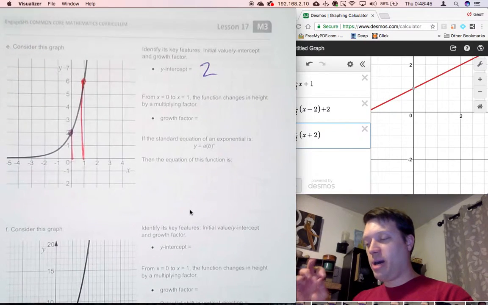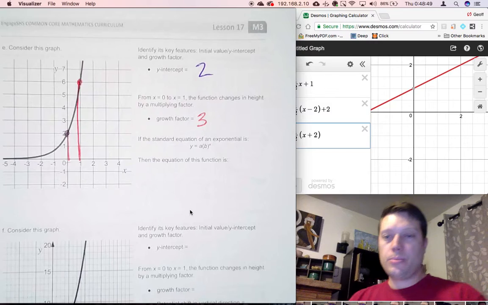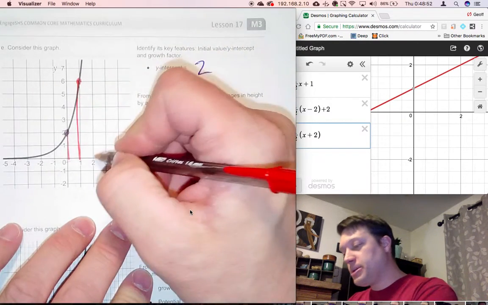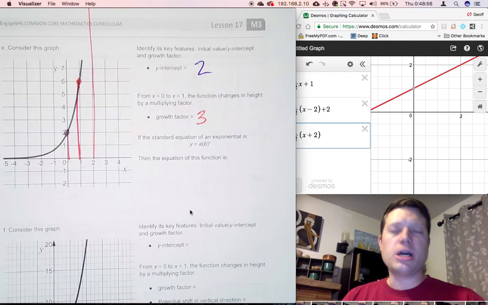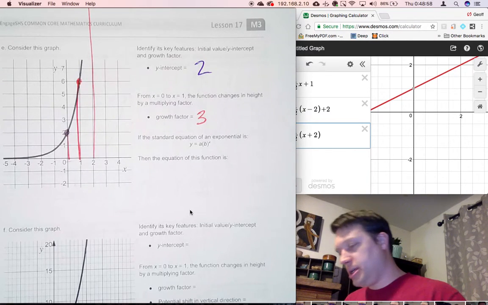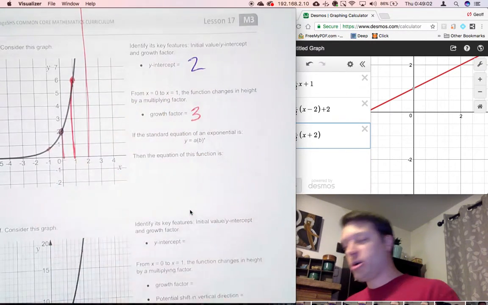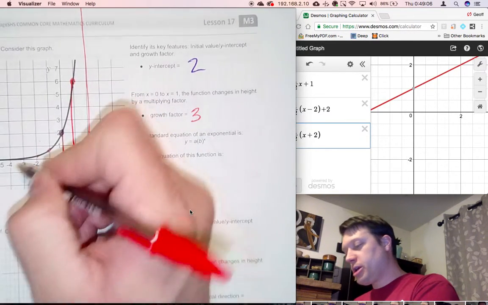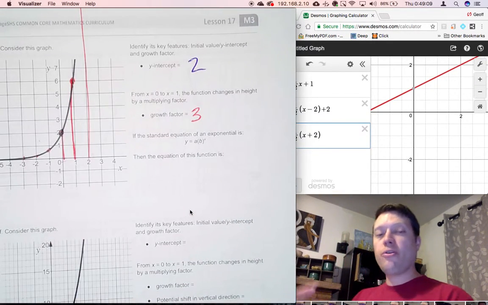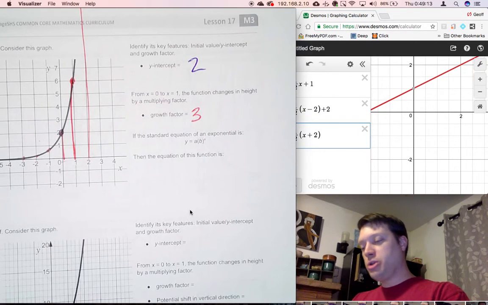That fact that we went from a height of 2 to a height of 6 means we are tripling. So the next one up is going to be 18. We're tripling every time. We can also see that in going from 2 to right here. We're cutting by a third, and then cutting by a third, and then cutting by a third. So our growth factor is 3 as we move from smaller domain numbers to larger domain numbers.